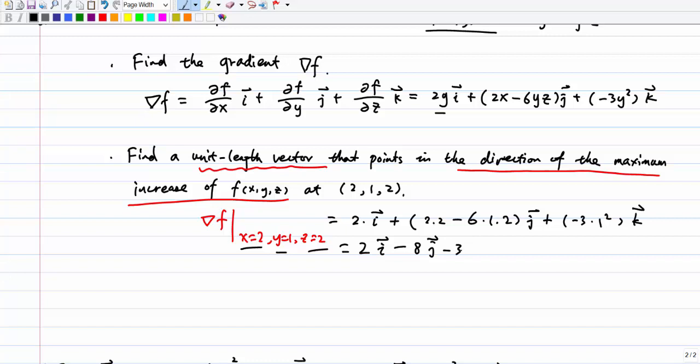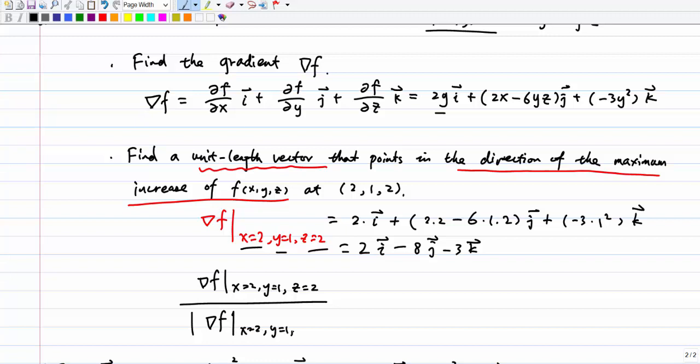This is negative 3k. The second step is to find the unit length vector, which is just the gradient of f at this point, divided by its magnitude. Just divide by the length, and then we'll have a unit length vector, right?